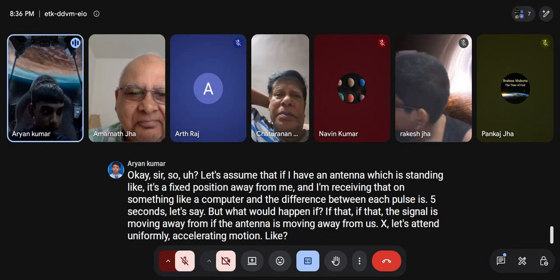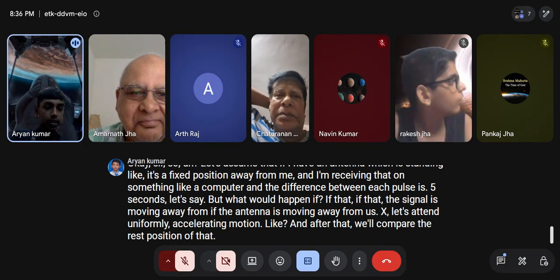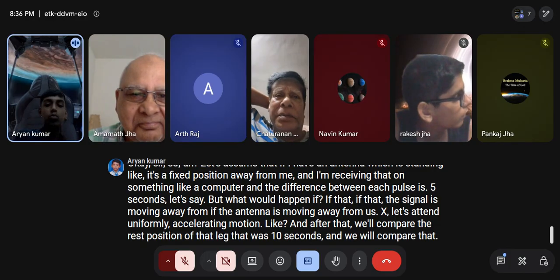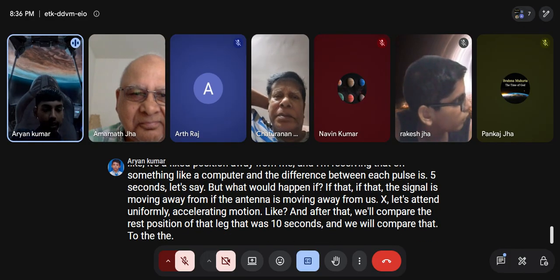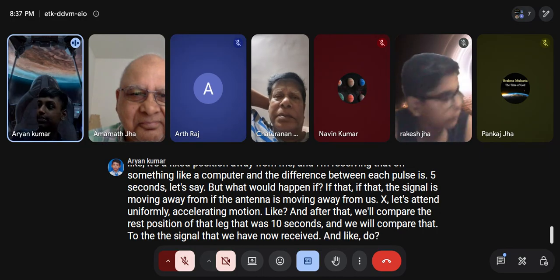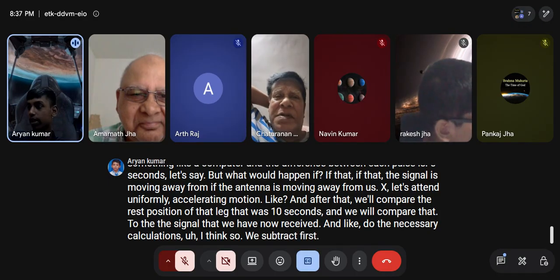We compare that with the rest position, where it was 10 seconds, to the signal that we have now received, and do the necessary calculations.